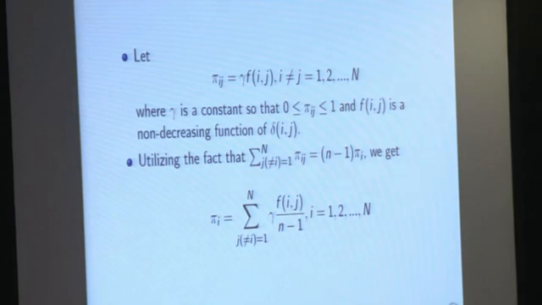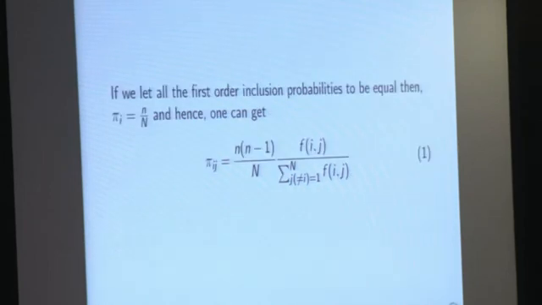Using some algebra, we can simply get pi i equal to the summation of f of delta ij times gamma upon n minus 1. And then if we want all the first order inclusion probabilities to be equal to small n upon capital N, we can easily derive that pi ij will be given by this formula.